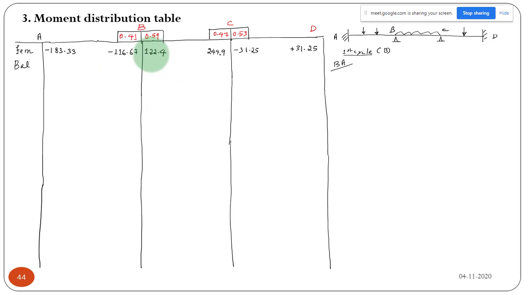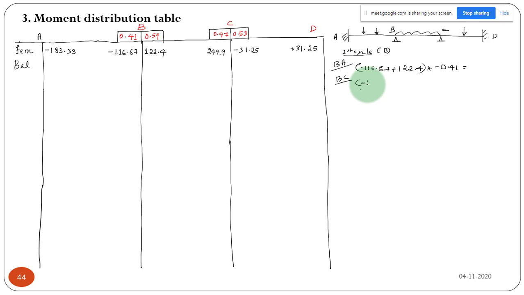Find the unbalanced moment, the sum of these two: minus 116.67 plus 122.4. You multiply with the distribution factor 0.41, and don't miss the negative sign. And for BC, you take the sum.